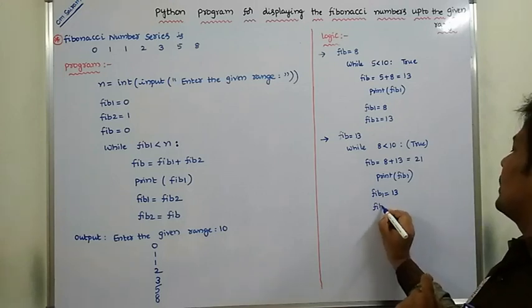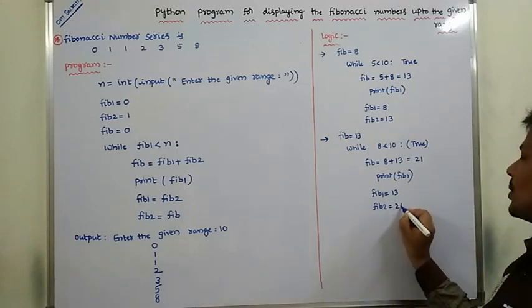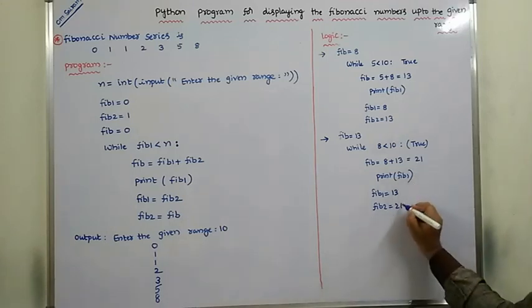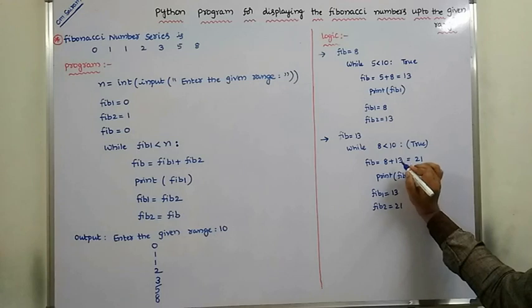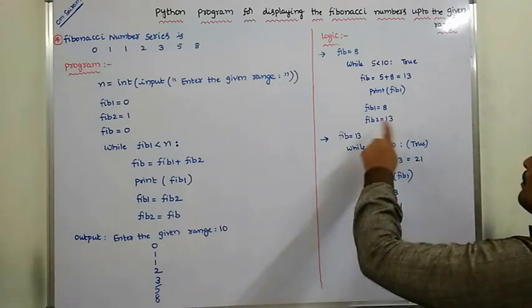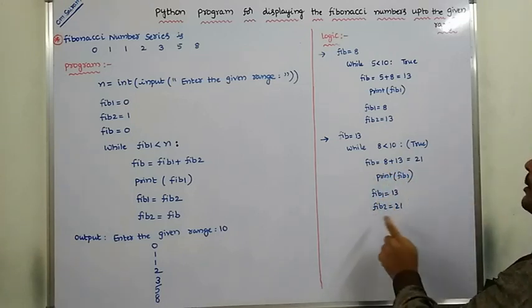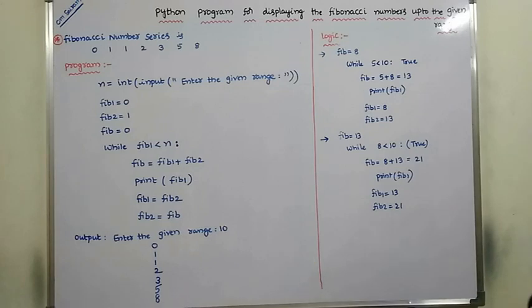And Fib2 is equal to Fib. What is the Fib value? That is 21. Fib2 value 13 is assigned to Fib1. After completing this step, Fib is equal to 21, Fib1 is equal to 13, Fib2 is equal to 21.